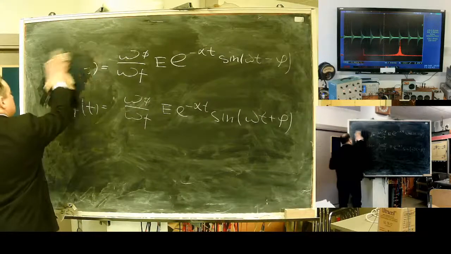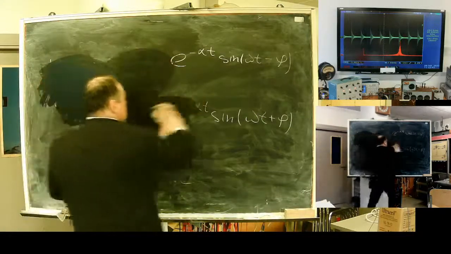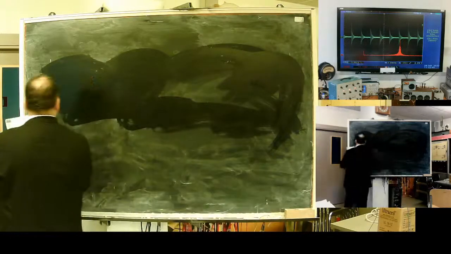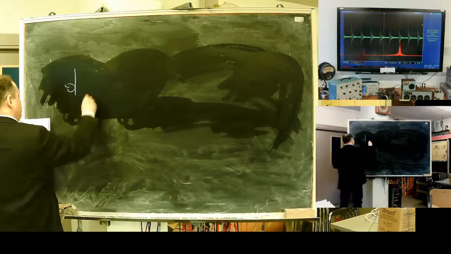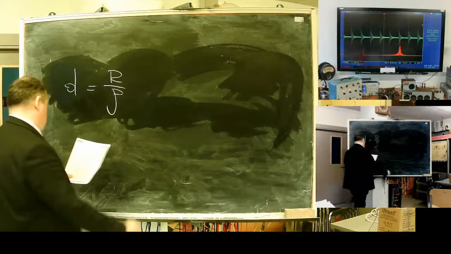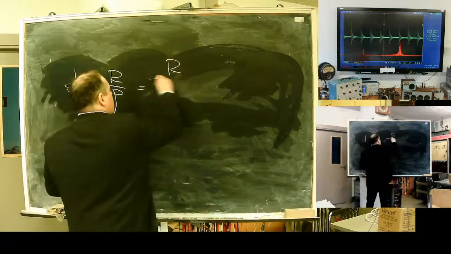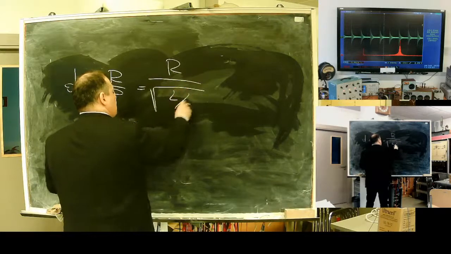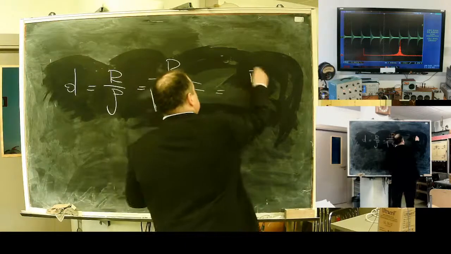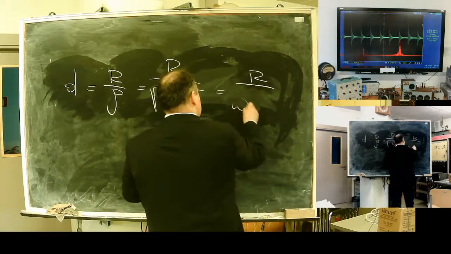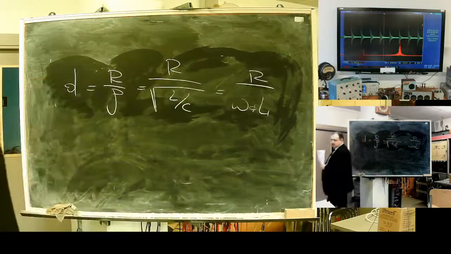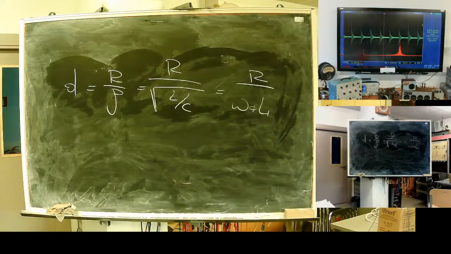Such oscillation systems are characterized by the so-called decrement, D being L divided by characteristic resistance, or L divided by the square root of L divided by C, or L divided by omega 0 A. But I think this D isn't known.